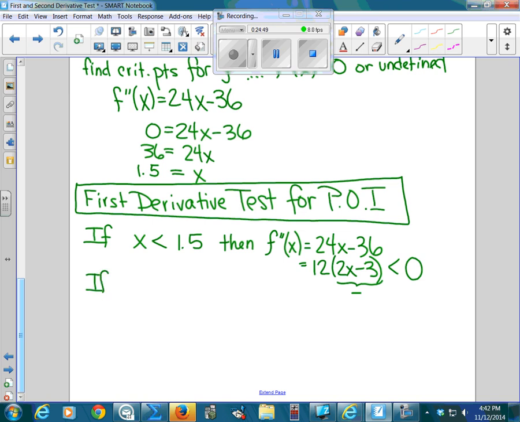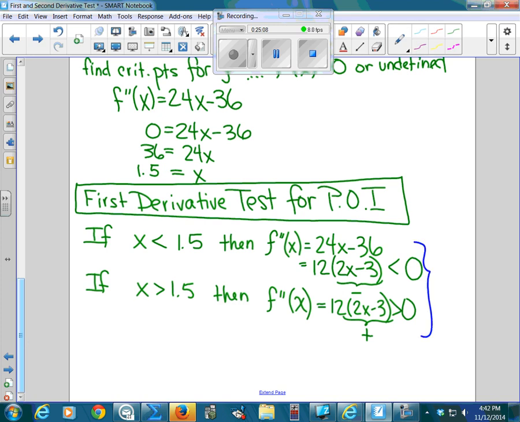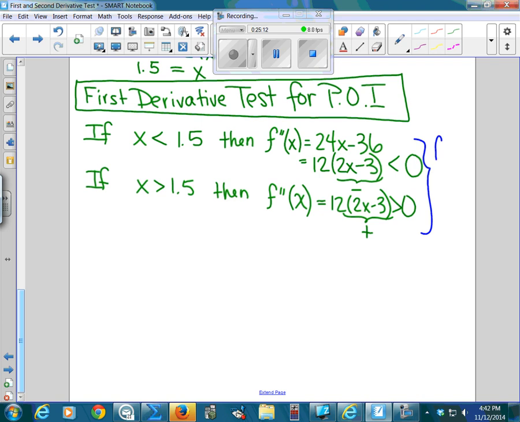And if x is greater than 1.5, then f double prime of x, which is 12 times 2x minus 3, is going to be positive, and therefore the product will be positive. So here we see a sign switch in f double prime. F double prime switches sign.